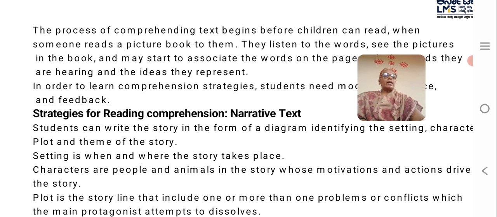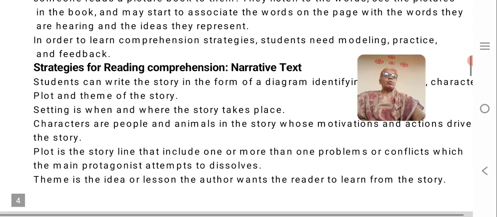Setting is when and where the story takes place. Characters are people and animals in the story whose motivations and drives lead the story. Plot is the storyline where the problems and conflicts are resolved by the protagonist. Theme is the idea or lesson the story author wants the reader to learn from the story.